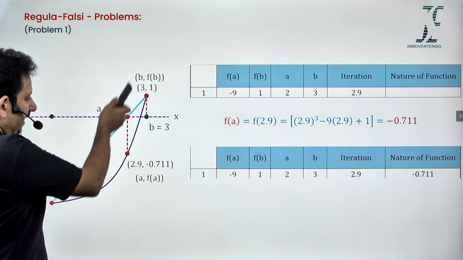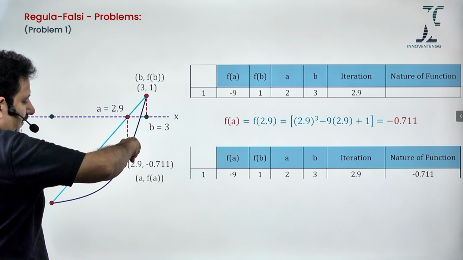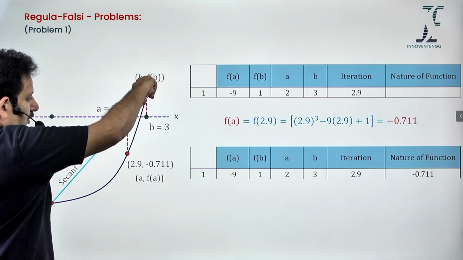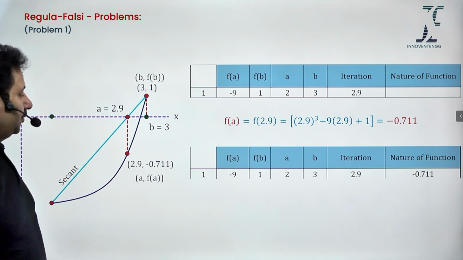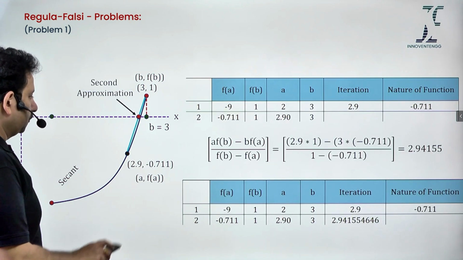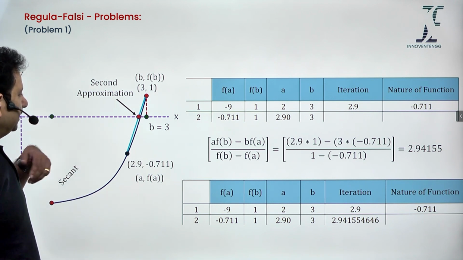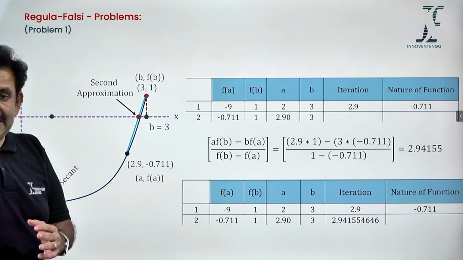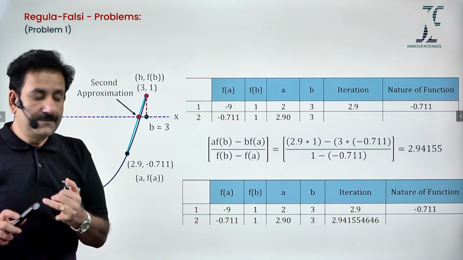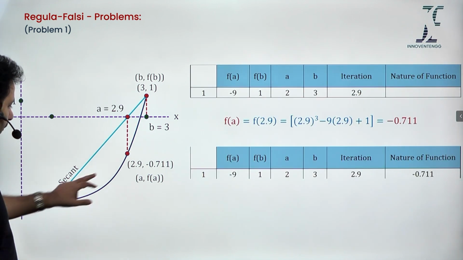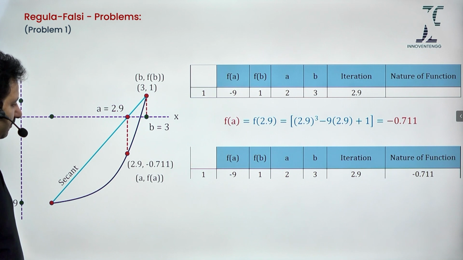So having done this, you are going to draw one more line joining these 2 points, so that wherever it cuts the x-axis, you get your root or approximation. That's exactly what we have done. So this can be called the second approximation. Every approximation consists of these 3 processes. One is, first have 2 points. One gives you the negative value of the function, one gives you the positive value of the function.